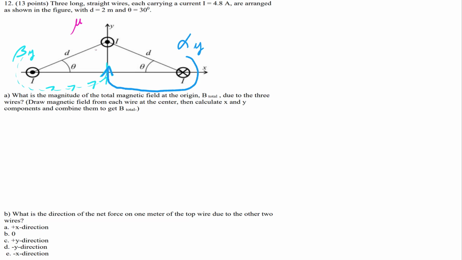Now, what about for mu? Mu is going to have the B field going out of the page, so my thumb is going to be pointing out towards me. We're going to curl our fingers in the counterclockwise direction. Because this happens, we're going to go over here, and then we're going to hit the origin.